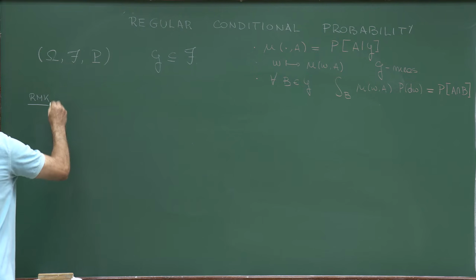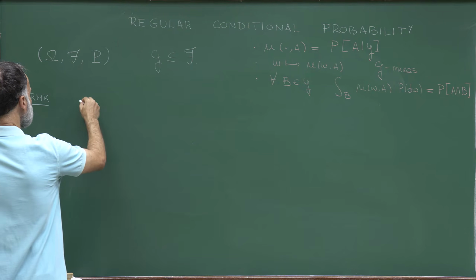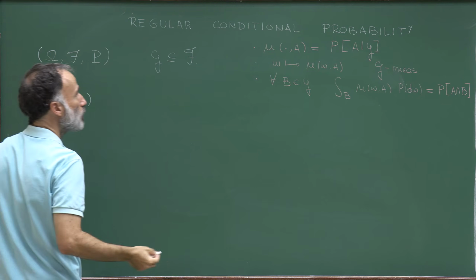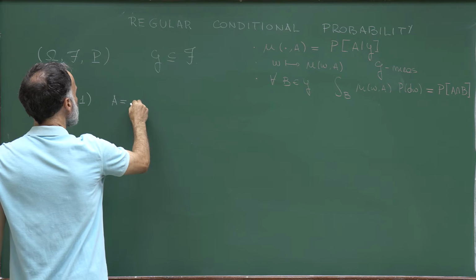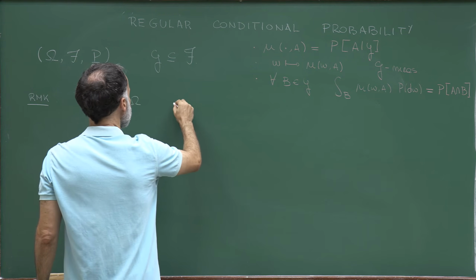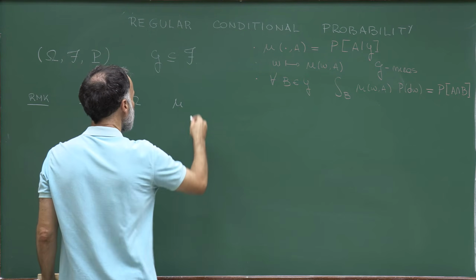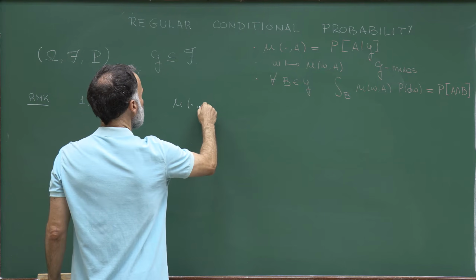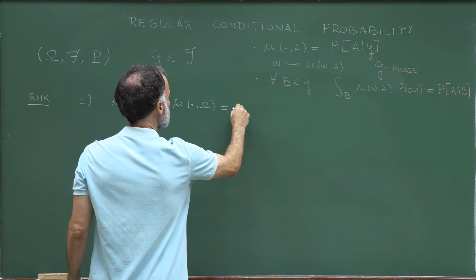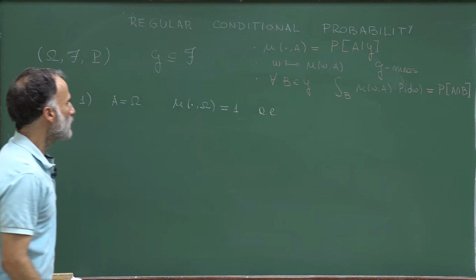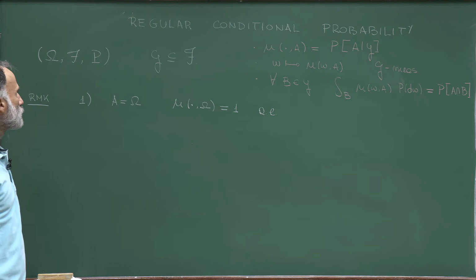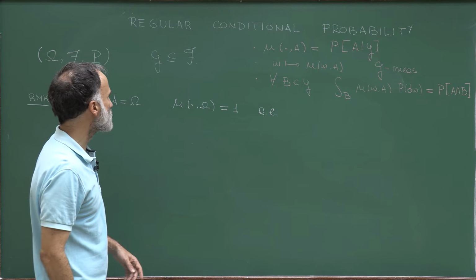Now I'll make some remarks. They are all very elementary. If I take the set A to be omega, then I claim that mu(omega, Omega) is equal to 1 almost everywhere. I'll leave it to you to check this as an exercise.